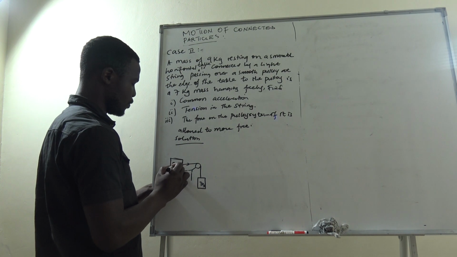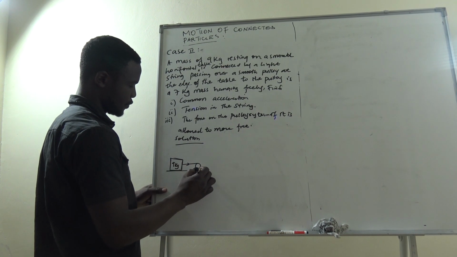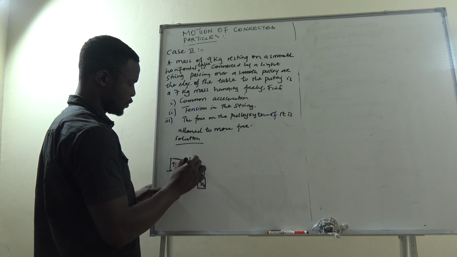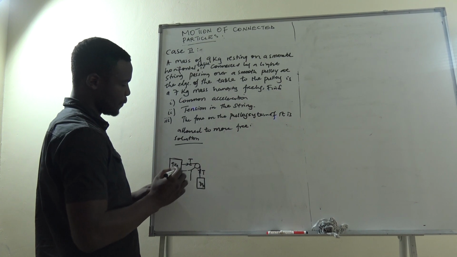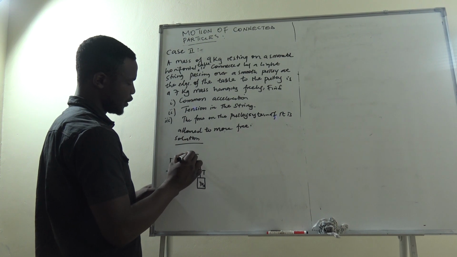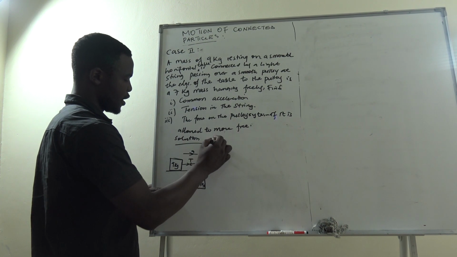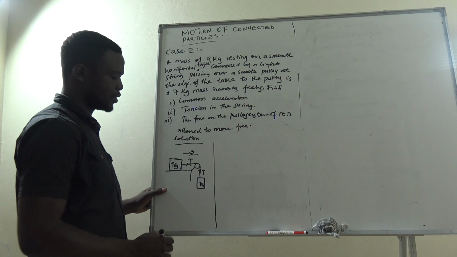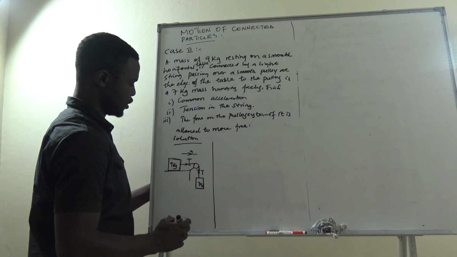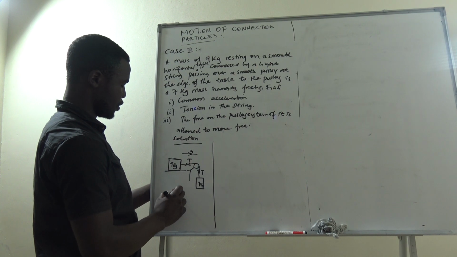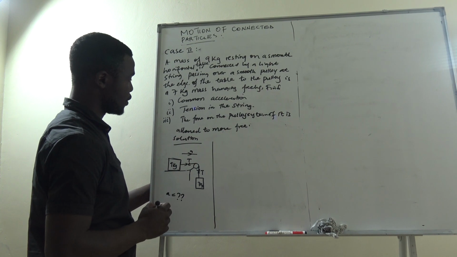So this body is resting here. So we expect there to be tension in this string. Now, if it is allowed to move freely, it means that that is the direction of motion. Now, what do they want? They want acceleration.